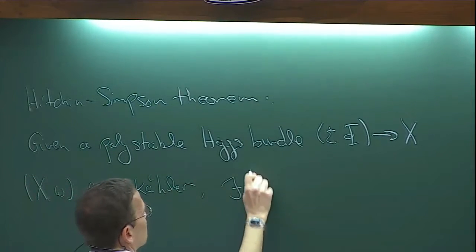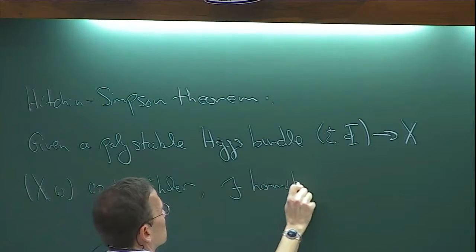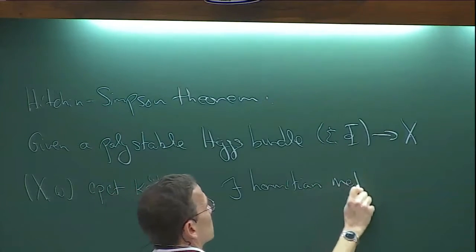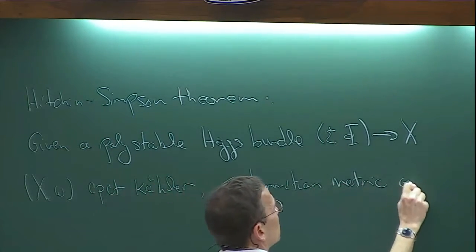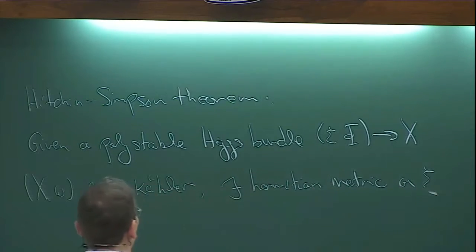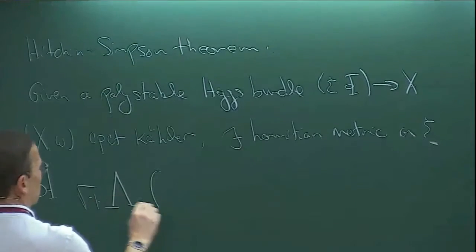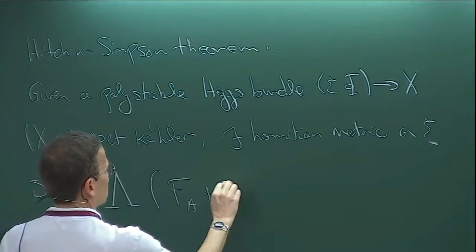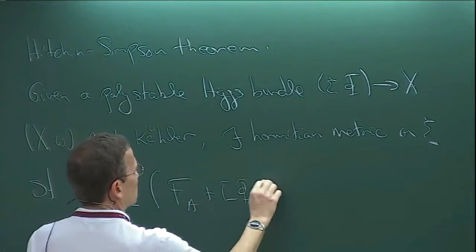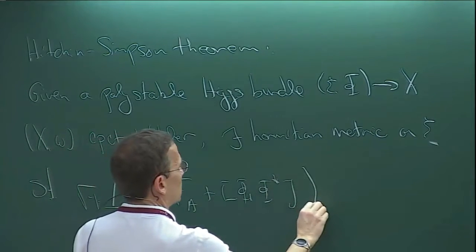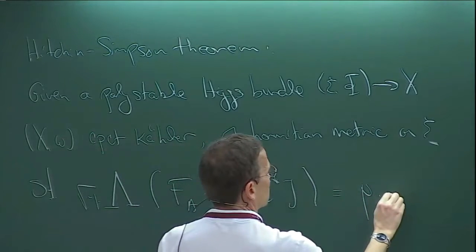There exists a metric on E such that when I take lambda, square root of minus 1 lambda of F_A plus phi phi star, this is some constant times the identity.